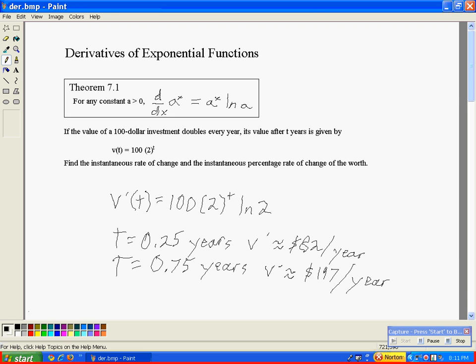So at that given moment, there is a bigger amount of money going in per year. That may seem pretty strange, because you might say, well, why don't they just put in regular, fixed amounts of money all throughout the year until I get another $100?